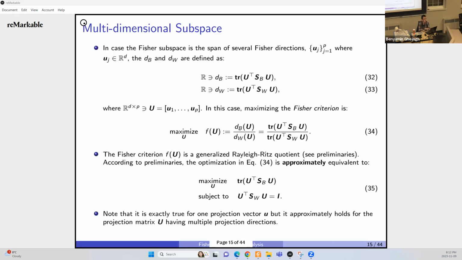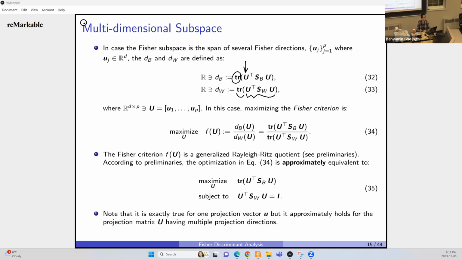Now, so far U was a vector. Assume I want to consider several dimensions for my Fisher discriminant analysis subspace. So I will have a projection matrix U, and my DB now becomes U transpose SB U, but that is a matrix, so I use trace for it. DW is also U transpose SW U, and I use trace for it.